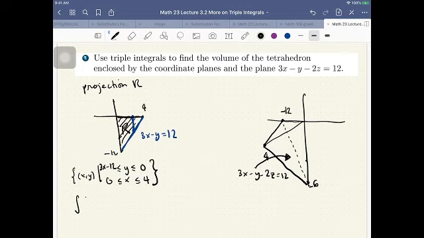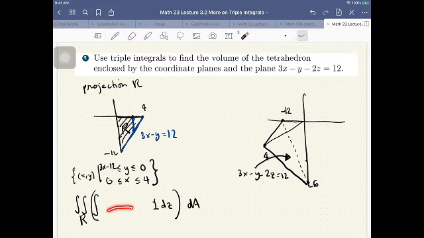Now we have a double integral over R of another integral of 1 dz, because you're finding the volume, so the integrand is 1. This is dA. What you want to find now are the limits of integration of this inner integral. The limits of integration are nothing but the floor and the ceiling functions. Let's draw an imaginary vertical strip here.